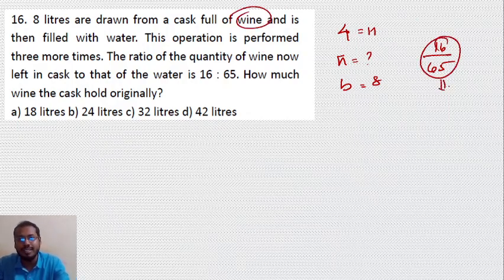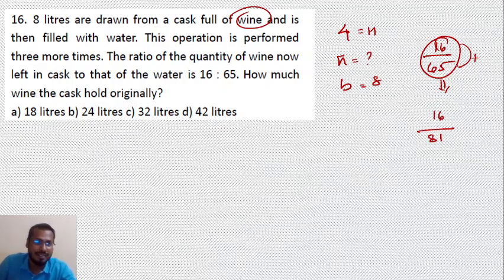So convert this into 16 plus 65, which is 81. So total 81. In that 81 parts, out of that the wine is only 16 parts and 65 parts is water. Is it right? Right. So that's the final one.